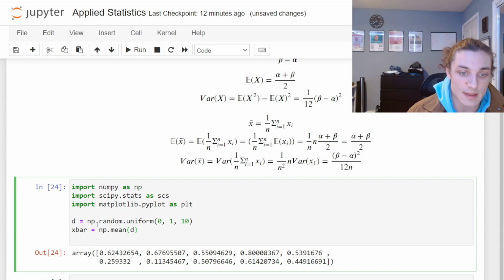So when I create D, and I say D is a random draw from a uniform, we're drawing 10 random draws from the uniform distribution parameterized by 0 and 1, the so-called standard uniform distribution, and we are taking the mean of that sample. So this is giving us the x bar.